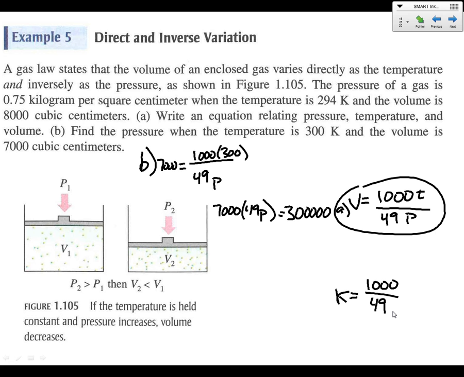And so we'll need to divide by 7,000 times 49. Multiply it all together, and P equals 0.87. Go ahead and see if you can do it on your own.